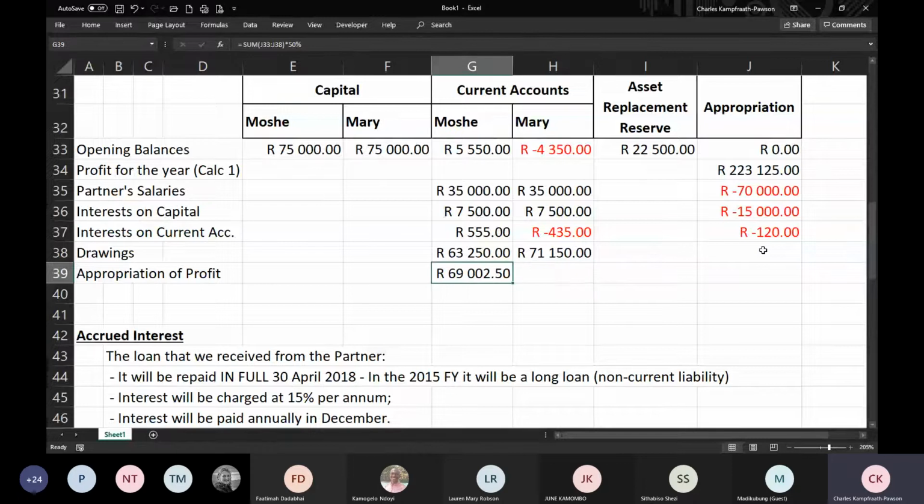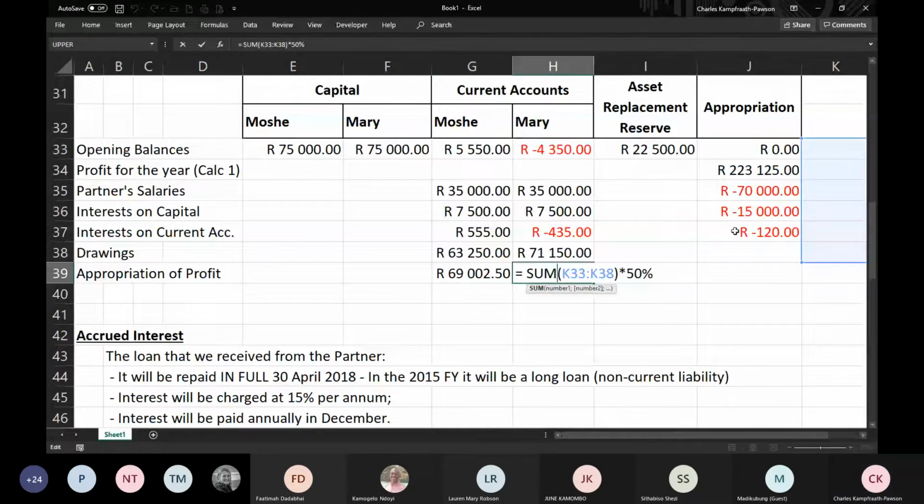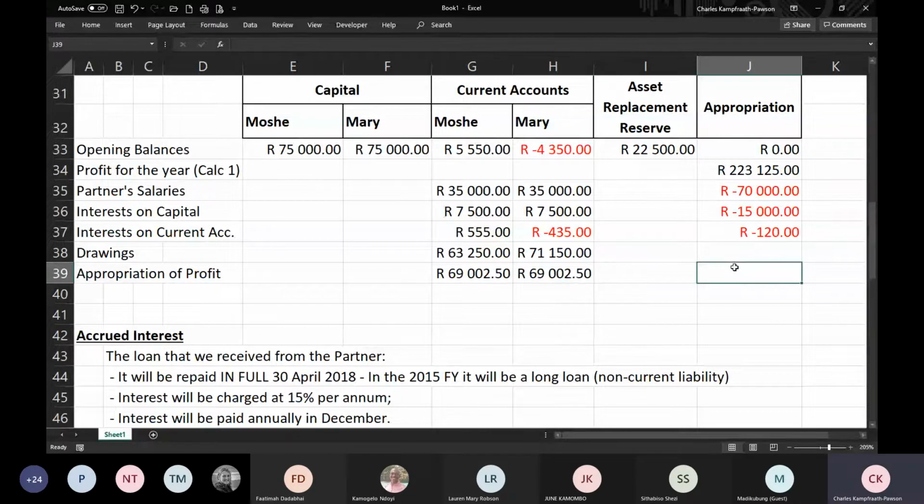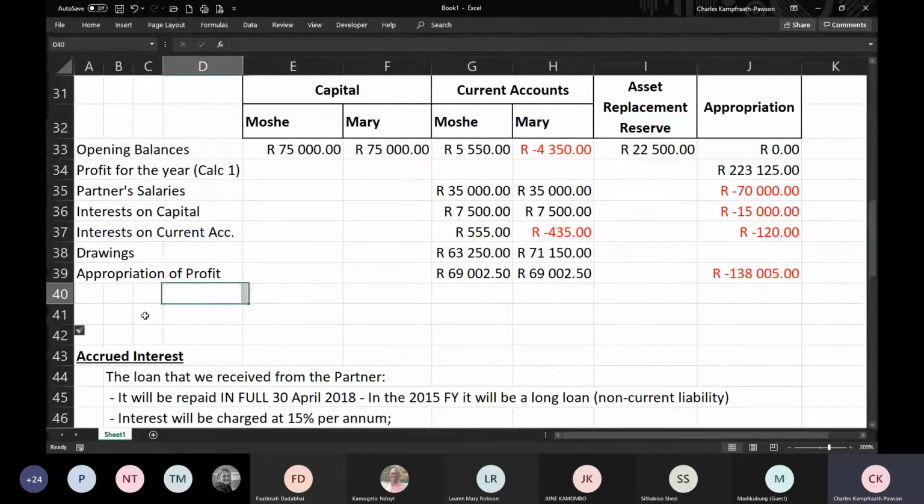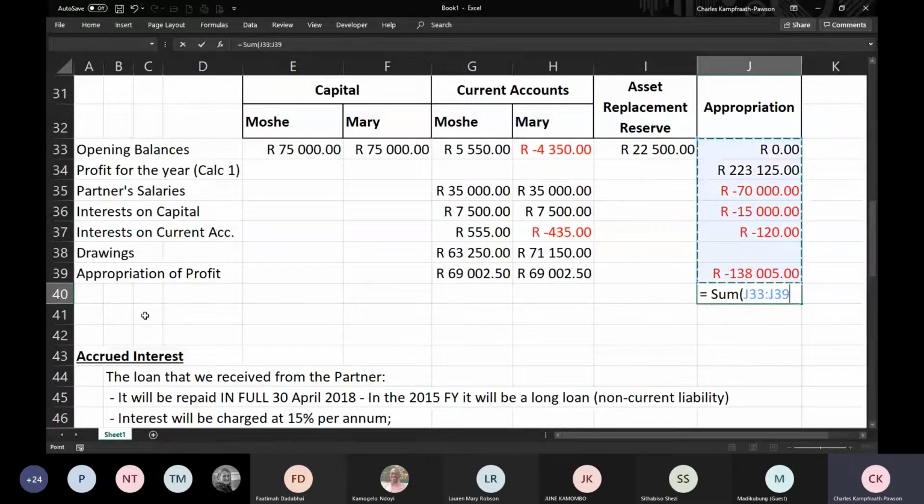And the amount will be the same for both. And in this column, you will now have that balance. And if you total this column, it will now be 0.